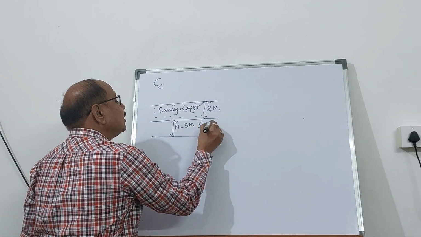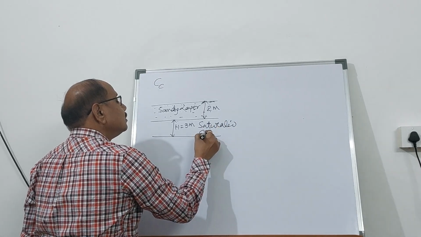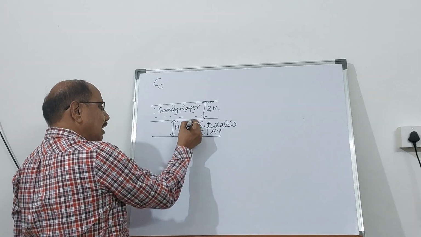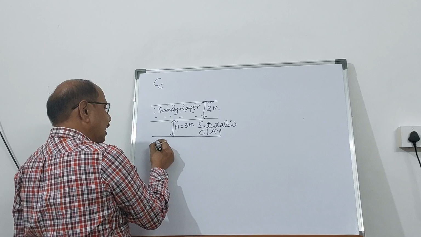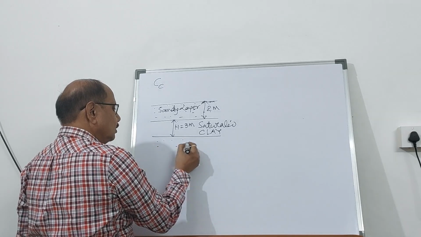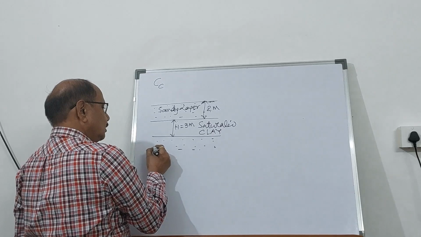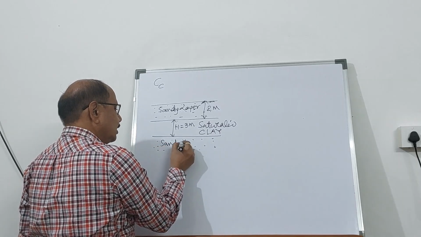So this is the saturated clay layer, and this clay layer is sandwiched between a sandy layer and, followed by, here also the sandy layer.